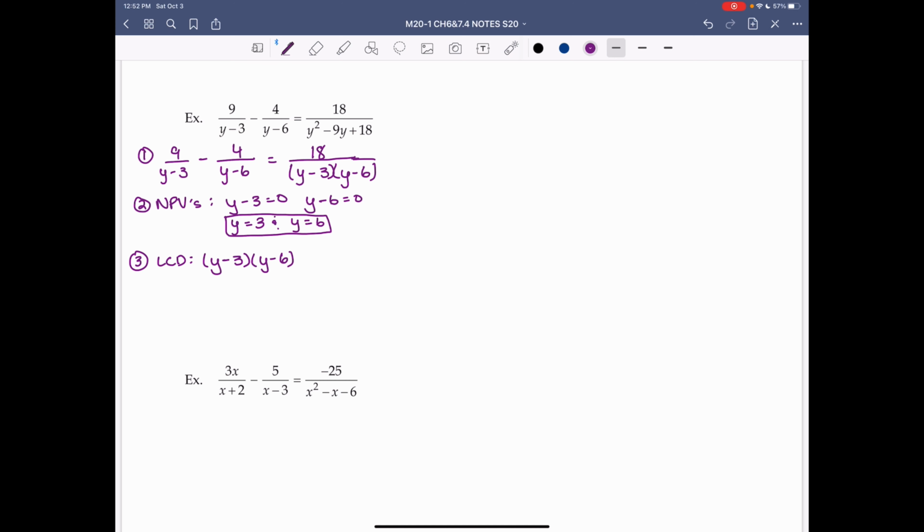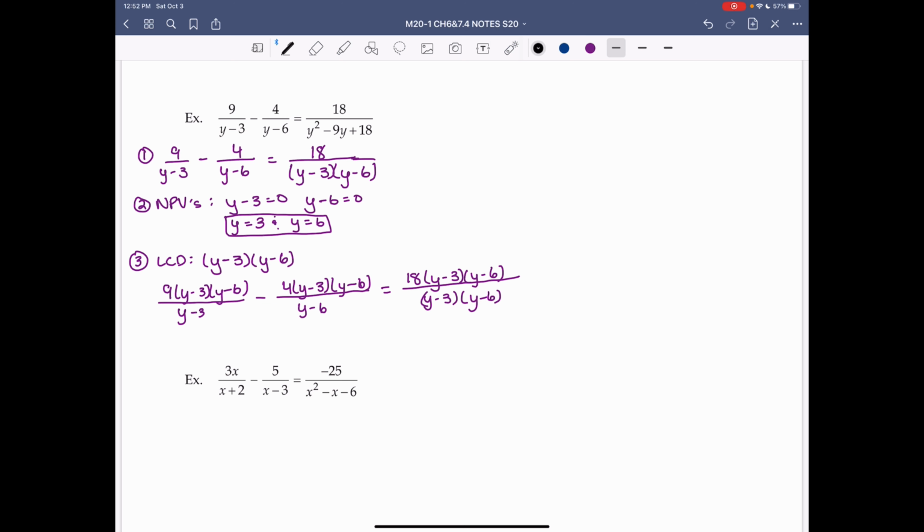If we multiply that to each fraction, we get 9 times y minus 3, y minus 6 over y minus 3 minus 4 times y minus 3, y minus 6 over y minus 6 equals 18 times y minus 3, y minus 6 over y minus 3, y minus 6.